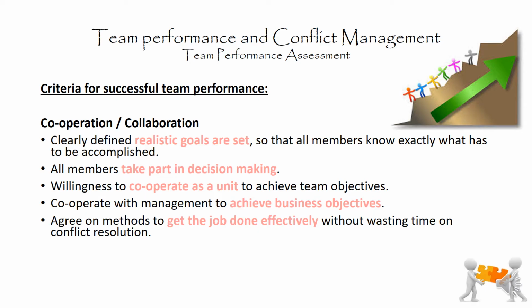Obviously, everybody is entitled to their own opinion, but they have to be respectful of each other's opinions, and people are not always going to agree on everything, but ultimately the team members have to agree on what method they are going to use to get this job done, to reach their objective without wasting time on conflict resolution, without wasting time on any unnecessary things. If everybody knows what is expected of them and the method has been agreed upon and tasks can be delegated, everybody will work together and will cooperate in order to reach that mutual goal.